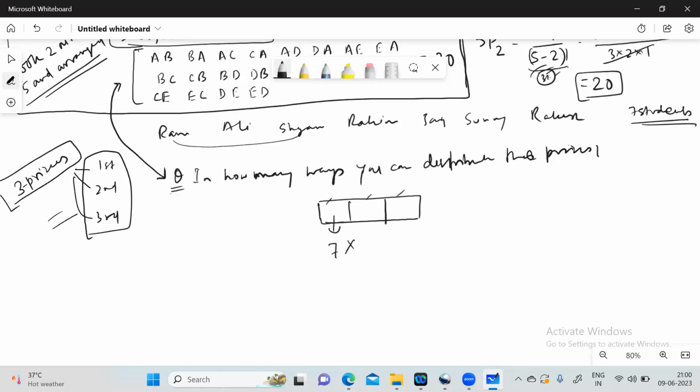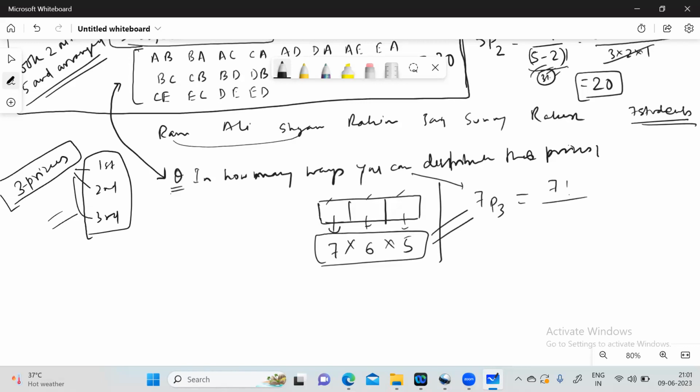For the second prize, how many options are there? 6. And for the third prize, there are 5 options. So this will be the answer. And we represent the same as 7P3. This is the same as 7 factorial divided by (7 minus 3) factorial. Are you seeing the similarity? Everyone? Yes, sir. Very good.